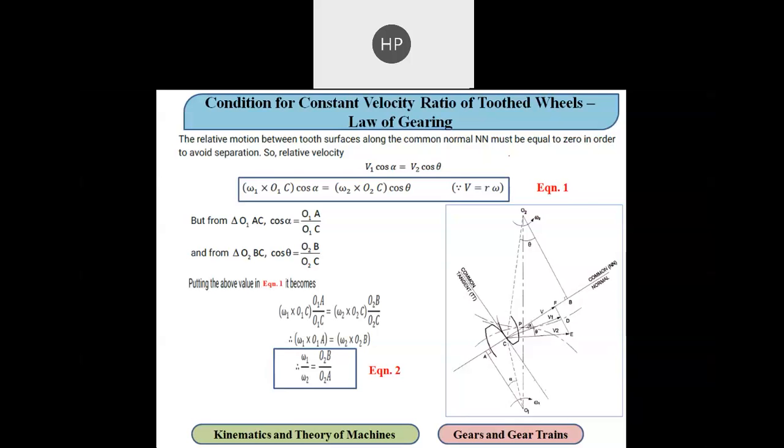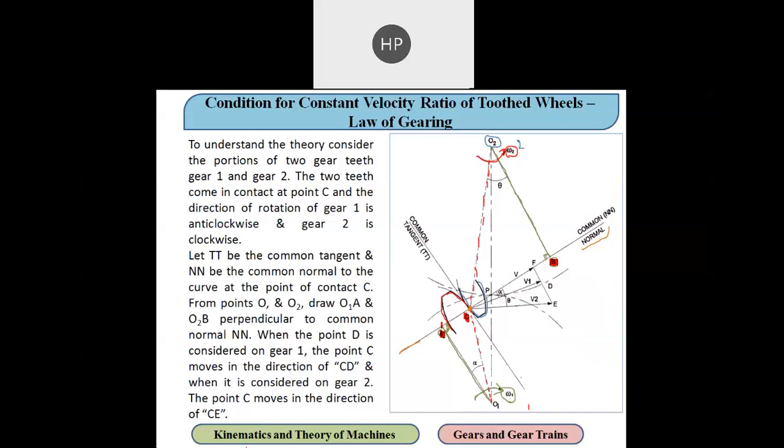Gear 1 and gear 2 must have an equal velocity. Then, when the gear is in motion, it will remain in touch. Otherwise, suppose in this diagram gear 2 is rotating faster than gear 1, then this contact point over here will not remain throughout.